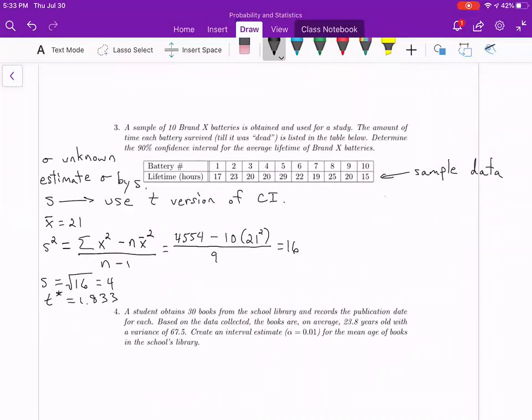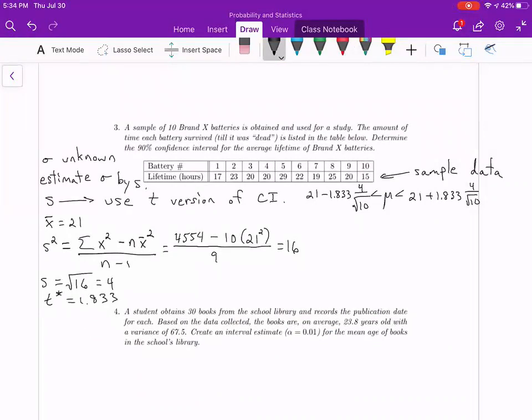So according to the formula, mu is between 21 minus and 21 plus. T star is 1.833. S is 4 divided by the square root of 10. And so I've plugged in all the details. What's left is to just calculate them.